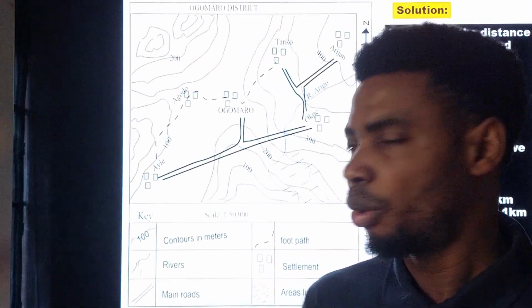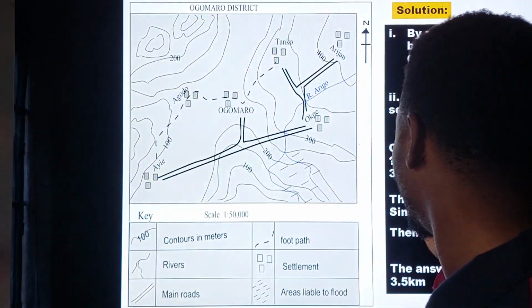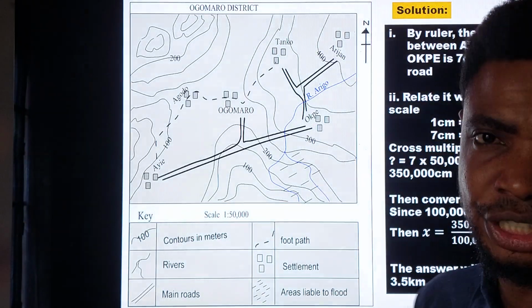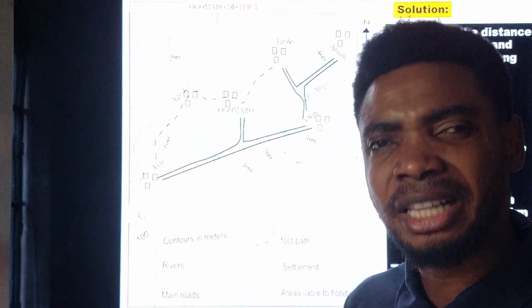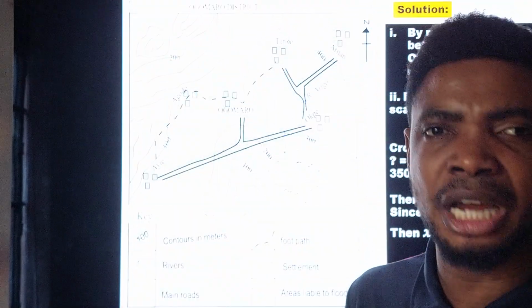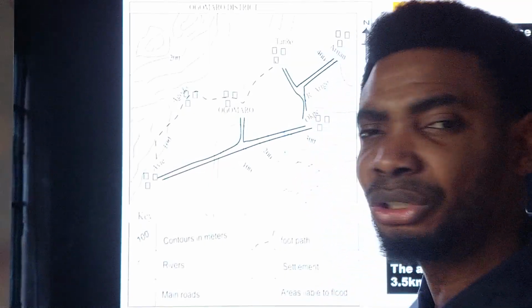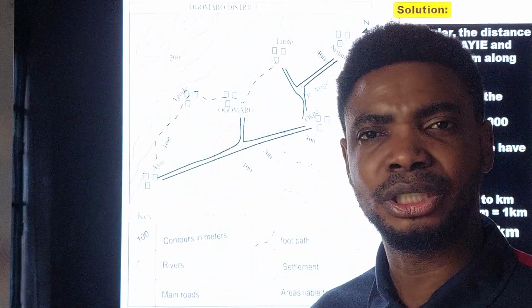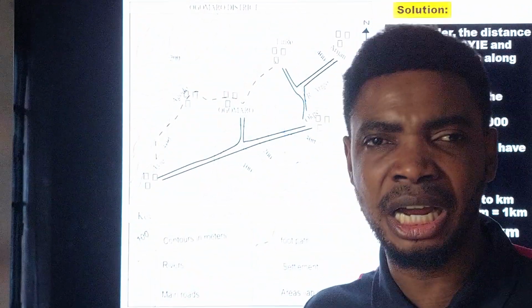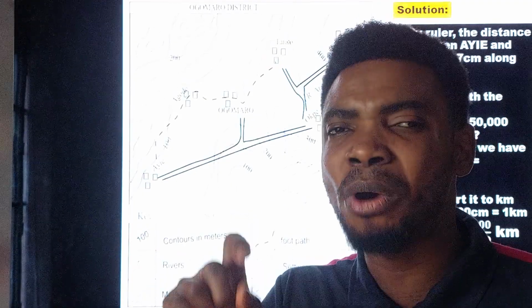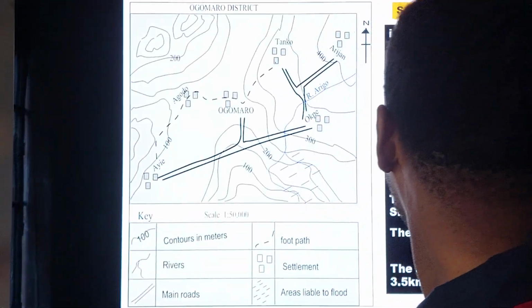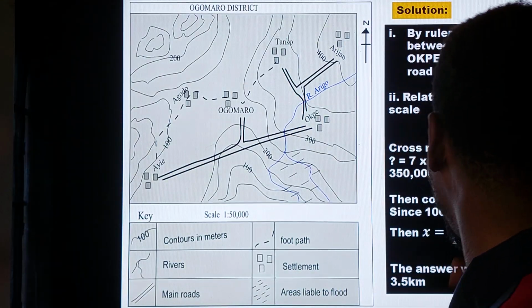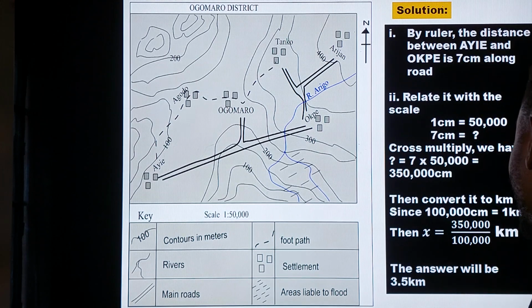All right, so what we get when we do our conversion is 350,000 centimeters. You have to convert that to kilometers. How do you do that? Remember that 100,000 centimeters is the same thing as 1 kilometer. So 350,000 divided by 100,000.